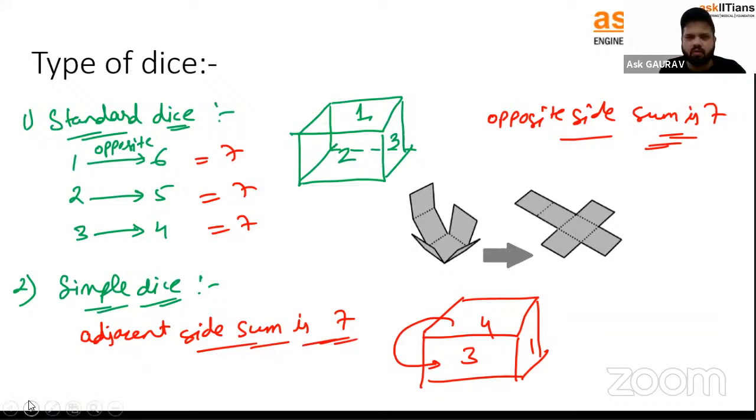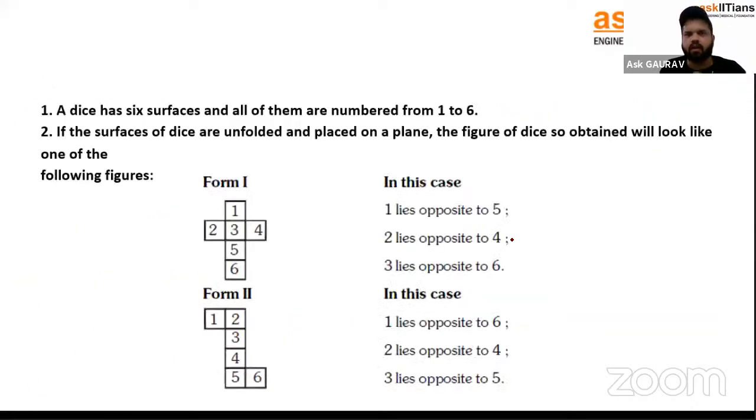Now let's come to the questions and the properties, and how to solve those questions. A dice has 6 surfaces, all numbered from 1 to 6, as we already know. If the surfaces of a dice are unfolded and placed on a plane, what does unfolded mean?